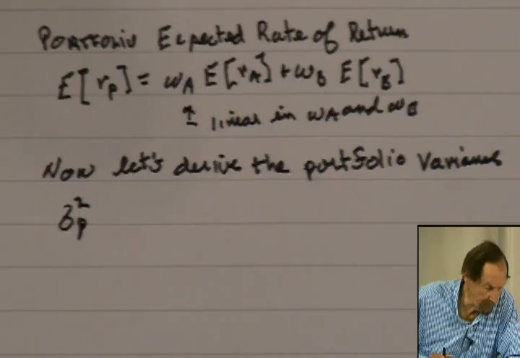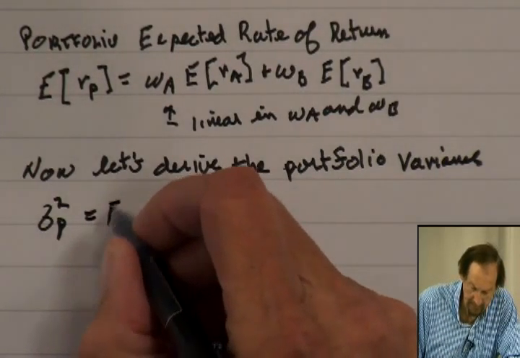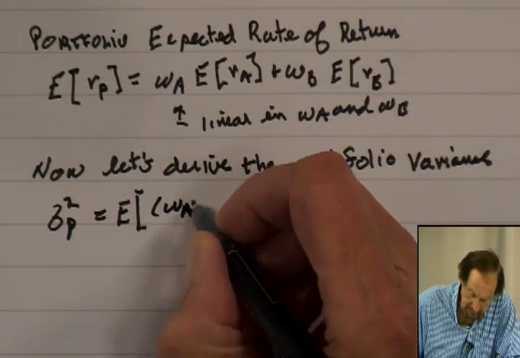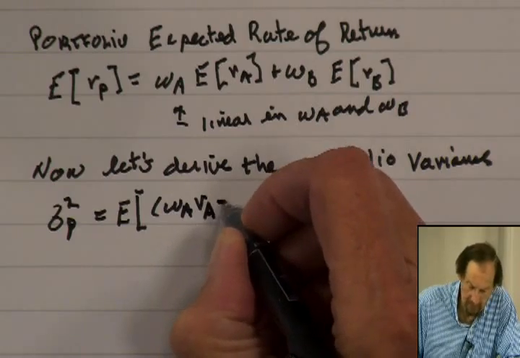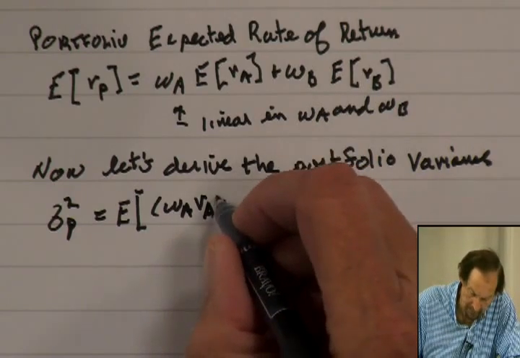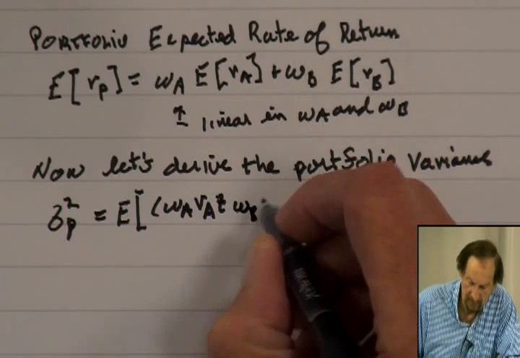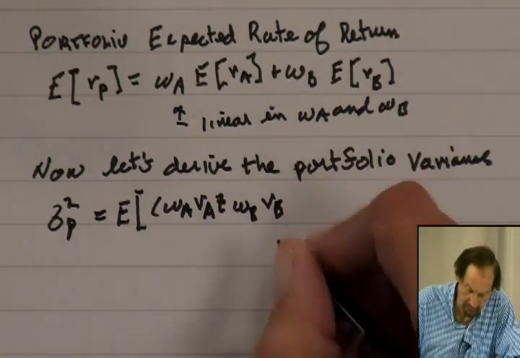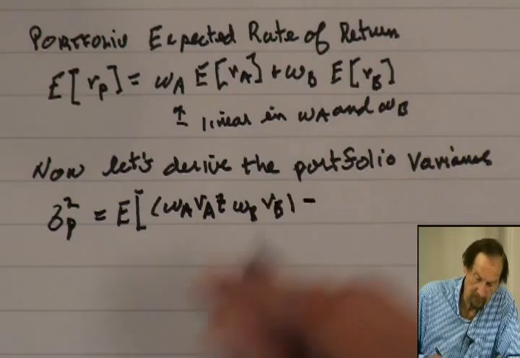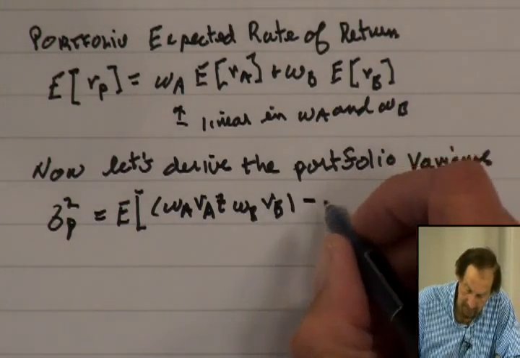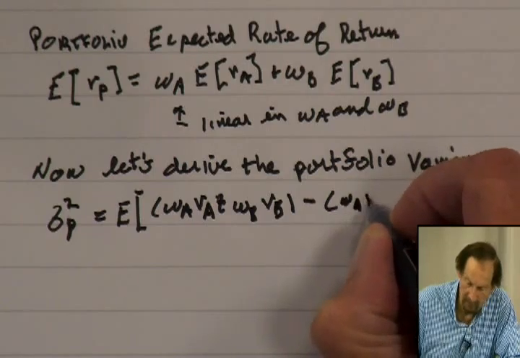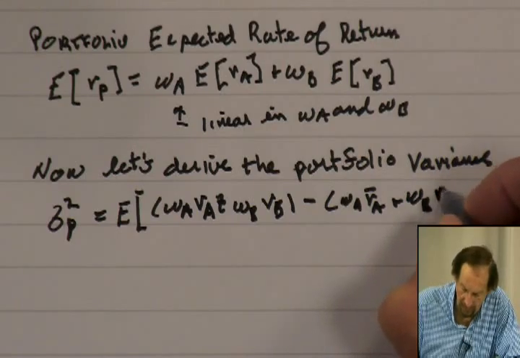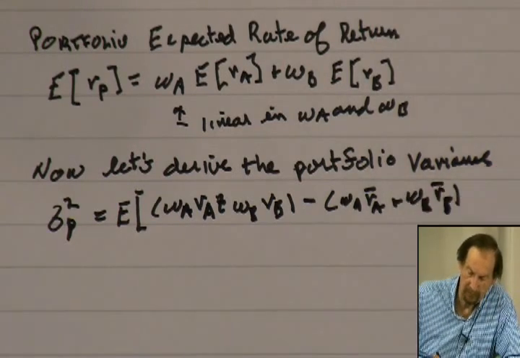The portfolio variance is the expected value of WA RA plus WB RB, that's the portfolio's expected rate of return, minus WA R bar A plus WB R bar B. Now this is the portfolio's expected return.